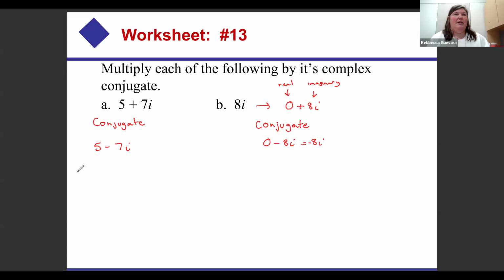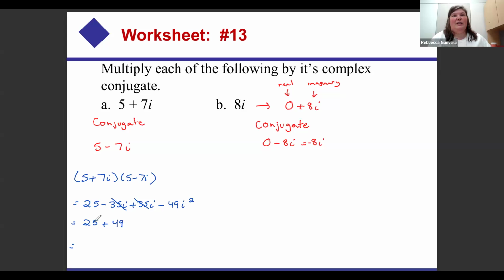So let's multiply by those. First is a, so we have 5 plus 7i times 5 minus 7i, which will give me 25 minus 35i plus 35i minus 49i squared. These cancel. This is just 25, and this becomes a positive 49.